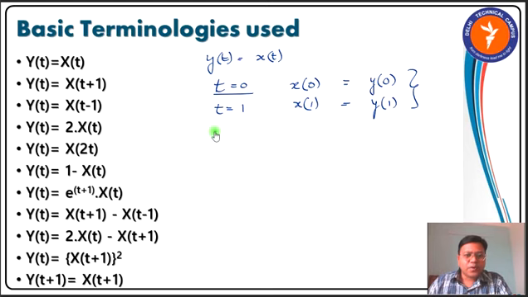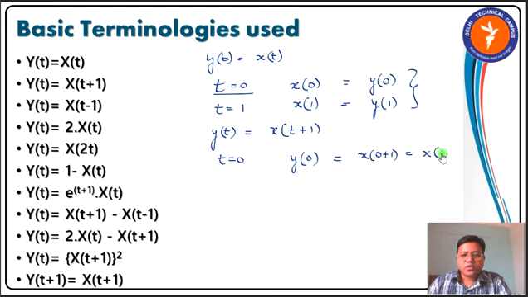Let us see another example to have a better understanding of this. In the second example, we have y(t) equal to x of t plus 1. We will see how the output is depending on input. Let us consider the reference instant to be t equal to 0. So at reference instant t equal to 0, output is y of 0, and this will be equal to x of 0 plus 1, and this will be x of 1.